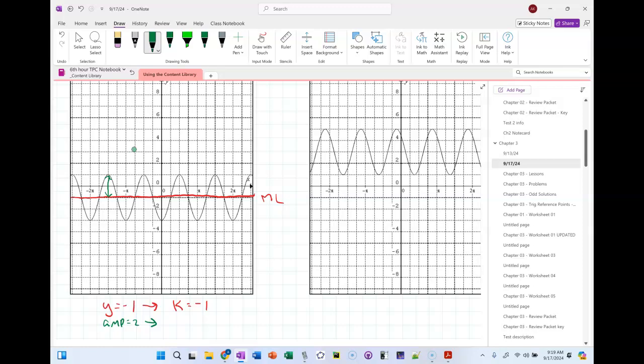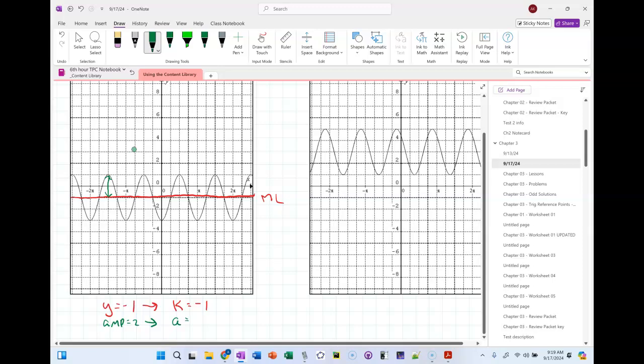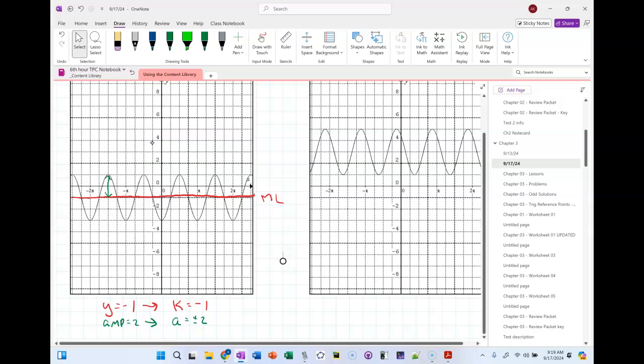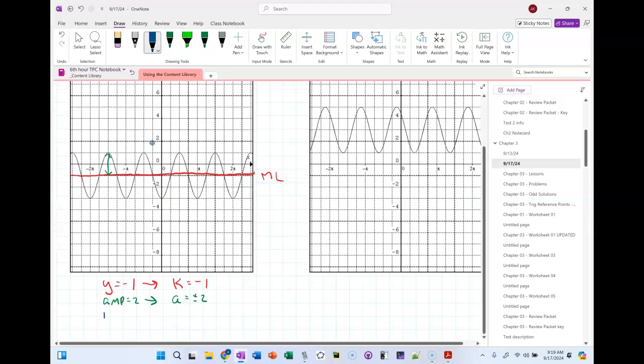Do you remember? A is correct. So if the amplitude is 2, the A has to be 2 or -2. We don't know which one yet, so we'll just write plus or minus there. We'll make a decision in a few minutes about which one we should use. Everybody's okay there?